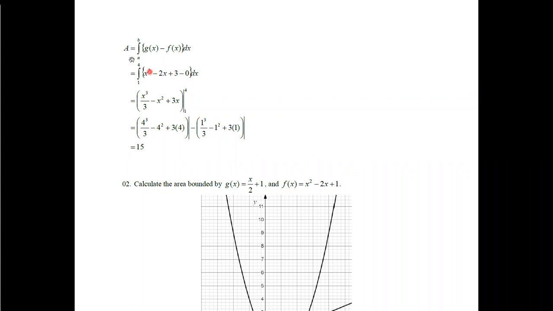Prior to doing the integration, it is better to solve the expression inside the bracket. Here there is no need to solve again, because the value 0 appears here, so we can definitely go for the integral from this step.